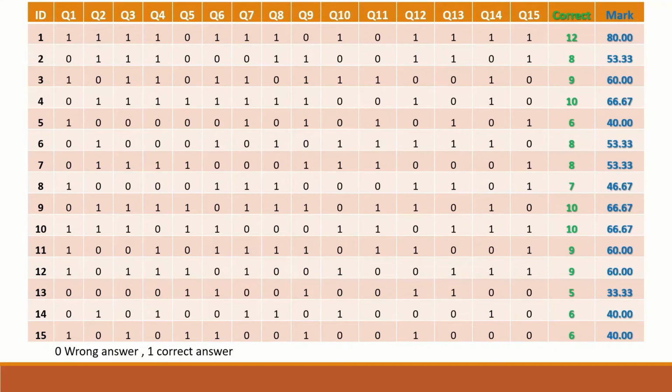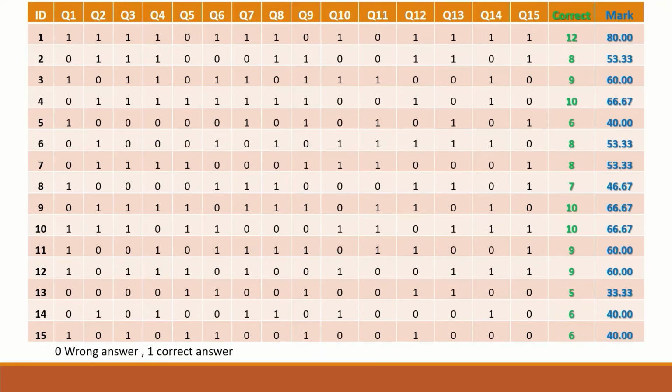Here in this table is shown an exam result for 15 students answering 15 multiple choice questions, and for each question the score is recorded as either 0 or 1, 1 being a correct answer, 0 a wrong answer.